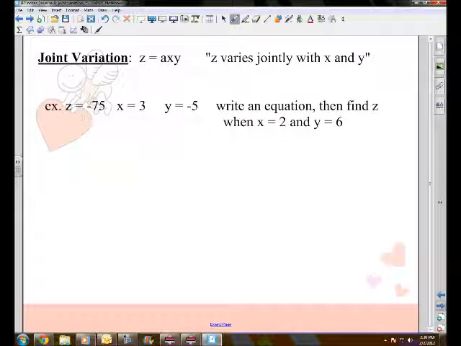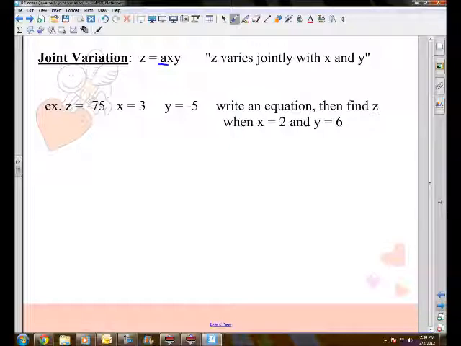z varies jointly with x and y, is how we'd say that. We, of course, still have our constant of variation, a. That's always going to stay the same. Let's take a look in our book. Page 553 gives us a definition for joint variation. It says joint variation occurs when a quantity varies directly with the product of two or more other quantities.